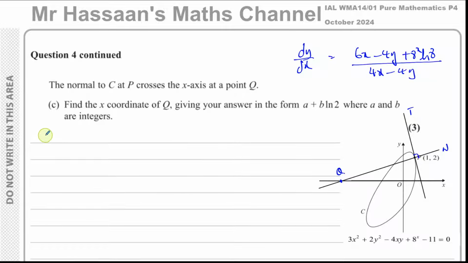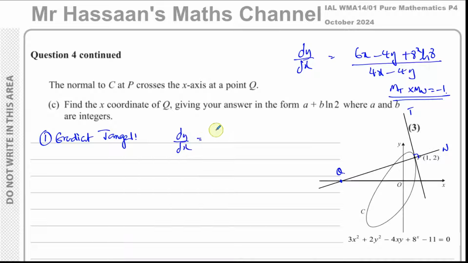So the first thing we need to do is to find the gradient of the tangent. If I find the gradient of the tangent, then I can find the gradient of the normal because they're perpendicular. The gradient of the tangent times the gradient of the normal is going to give you -1. Okay, so we can use dy dx. We know that the gradient function is dy dx.